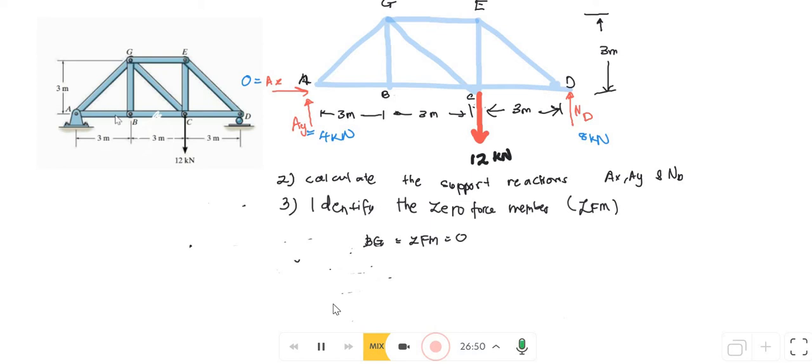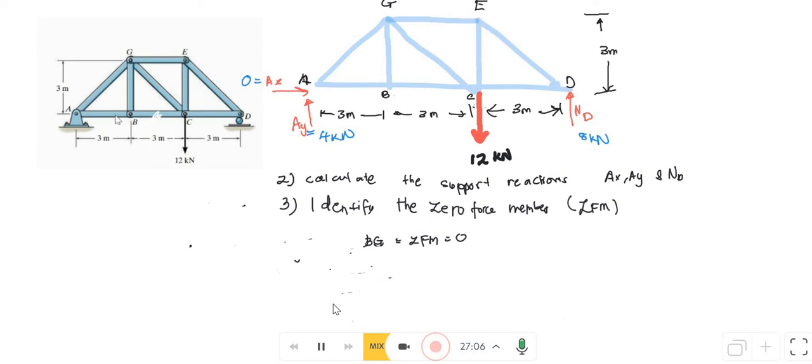But it's very important if you are finding the force for each member of the truss, when you have to use the method of joints.